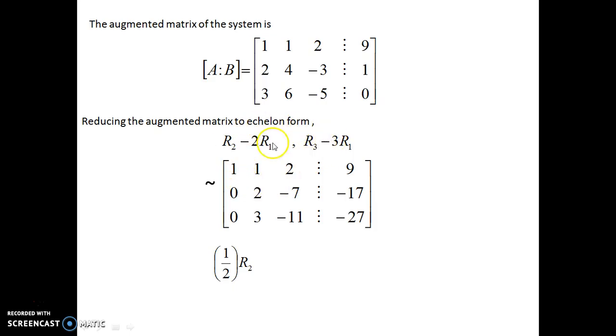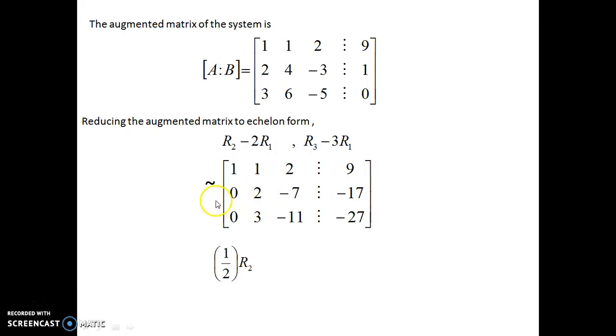Now after simplification we get the new R2 and new R3. The new R2 is 0 2 -7 and -17. The same thing, 0 3 -11 and -27. Now we got the second diagonal element as 2, and we have to make that 2 into 1.